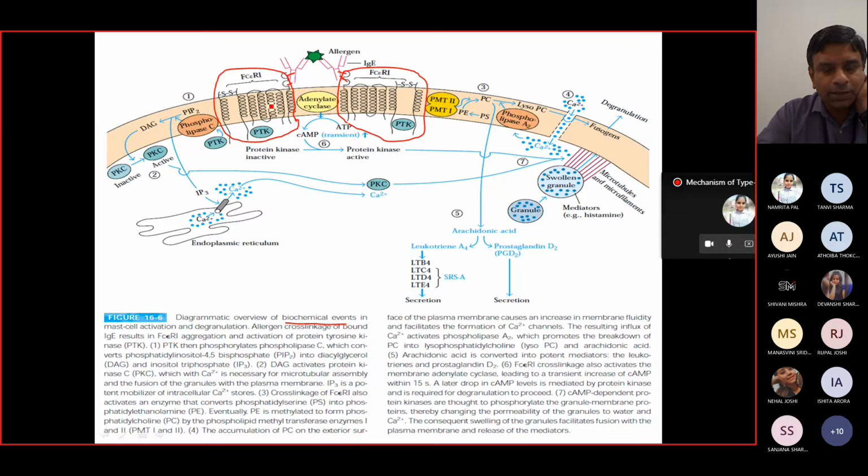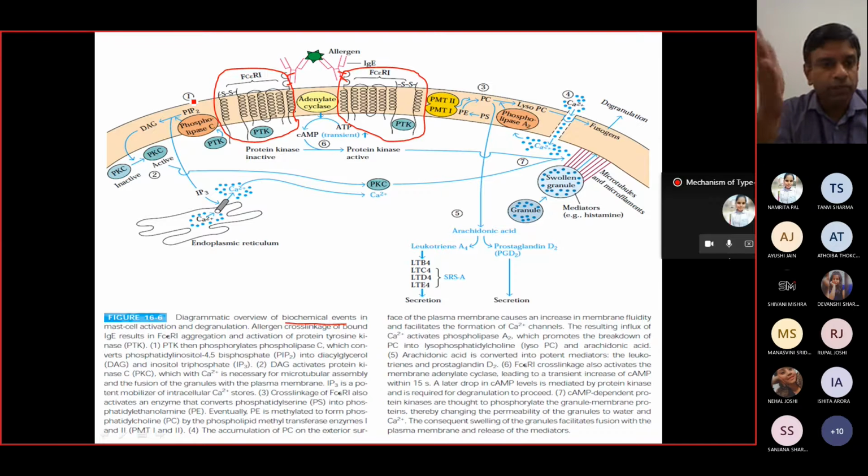These receptors aggregate, and there is activation of protein tyrosine kinase, right? So you can see your protein tyrosine kinase gets activated. Now we go one by one, Step 1 here. So students, again I am saying, if you see it as a picture, it may look complicated.